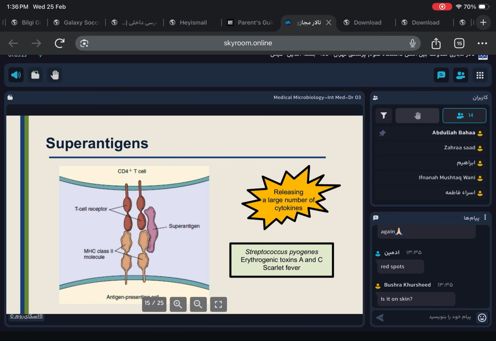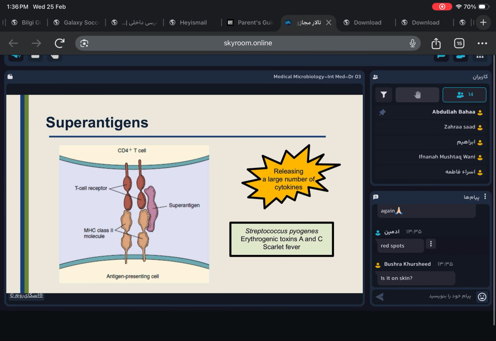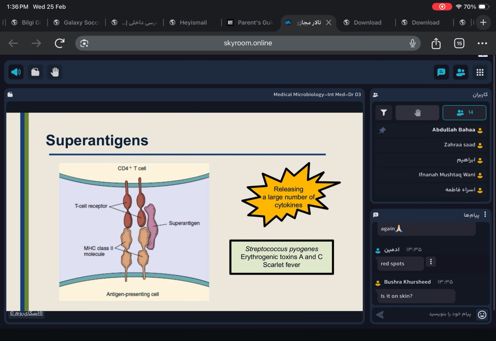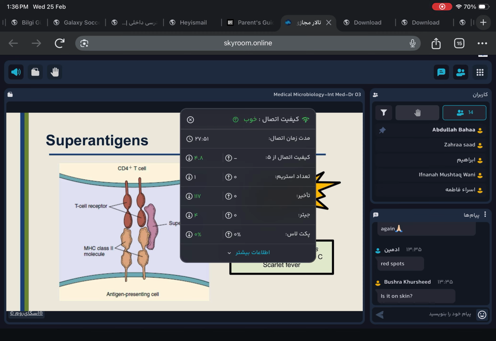Zahra is asking me to explain the mechanism one more time. Okay, so the mechanism is the superantigens can attach to MHC class II molecule on antigen presenting cell, and also at the same time to T cell receptors that we have on CD4 positive T cells.